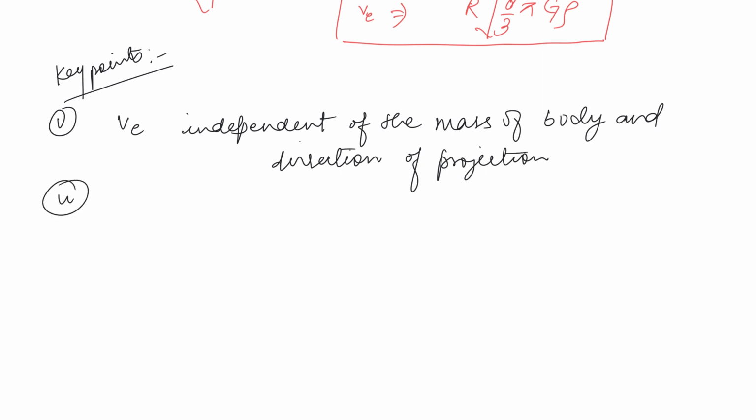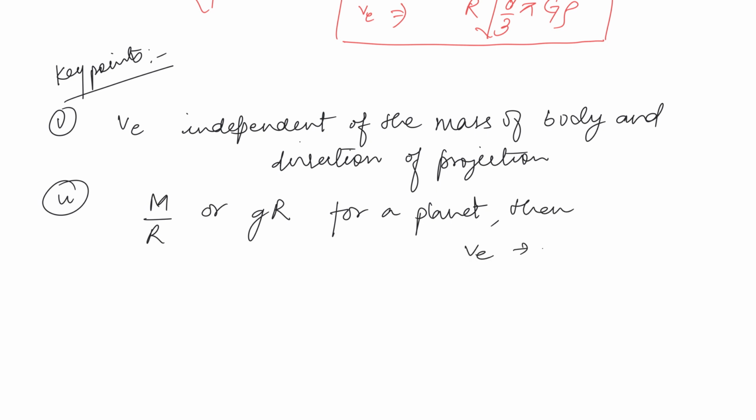Next, it depends on the reference body. So the greater the value of M by R or g into R for a planet, the greater will be the escape velocity. That means more escape velocity is needed.